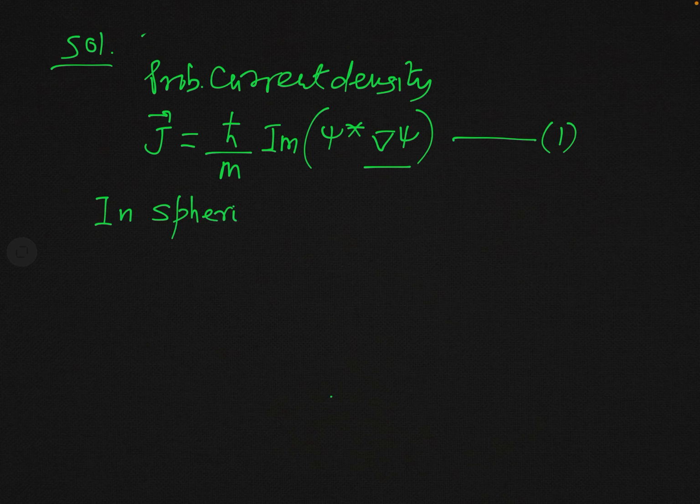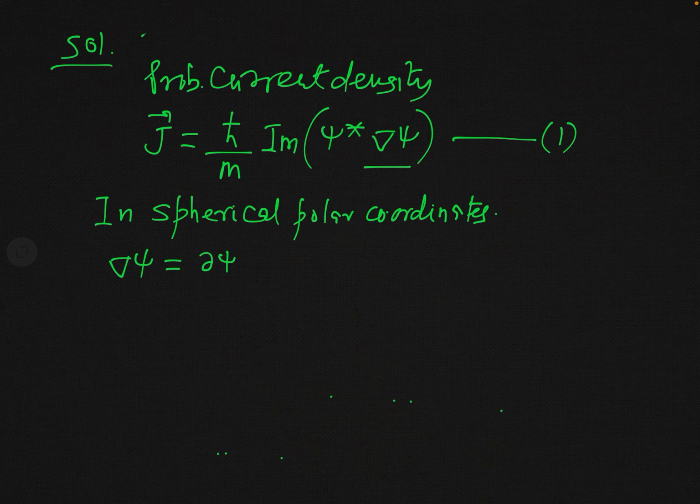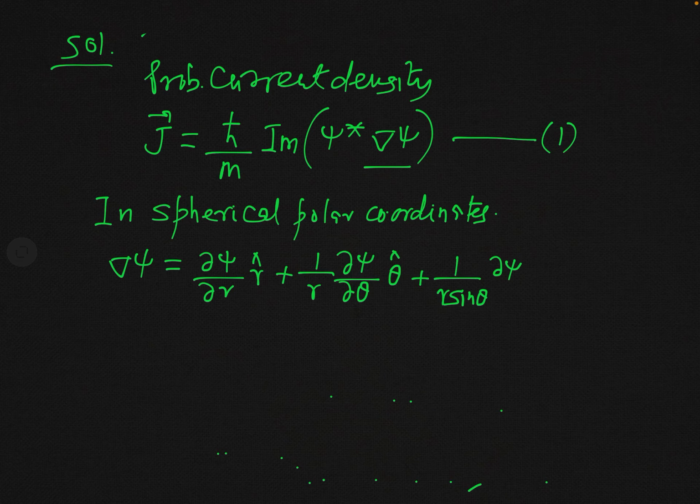You know, in spherical polar coordinates, this gradient of psi will be del psi by del r r hat plus 1 over r del psi by del theta theta hat plus 1 over r sin theta del psi by del phi phi hat.